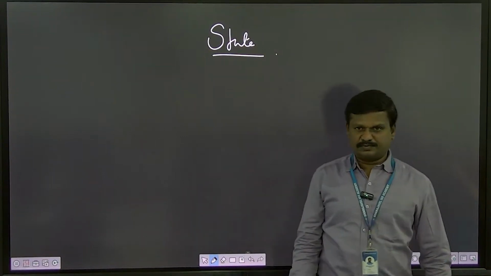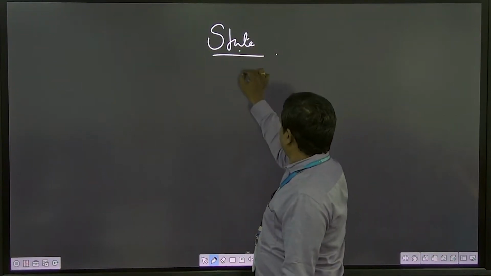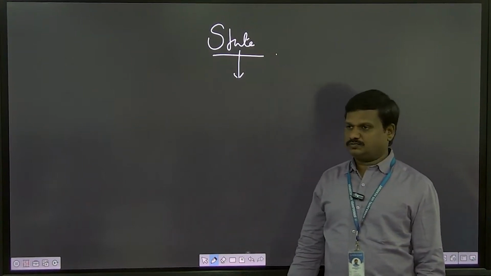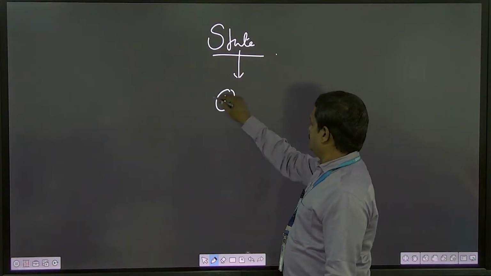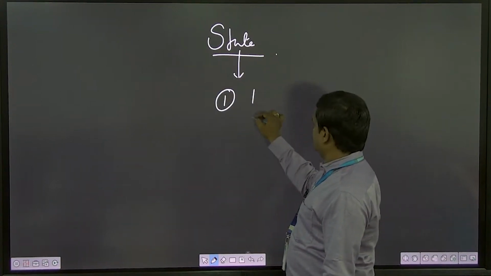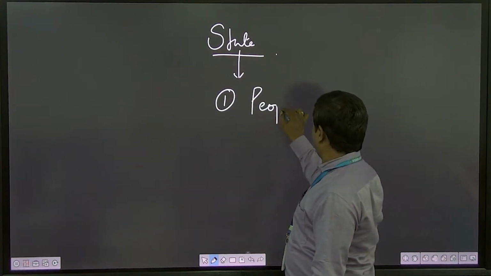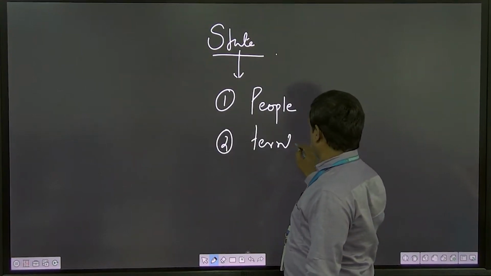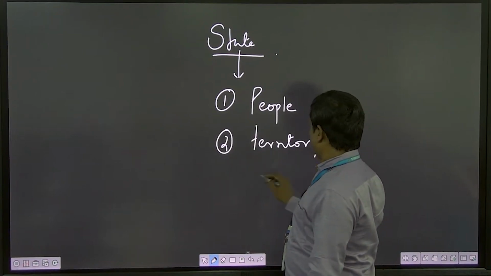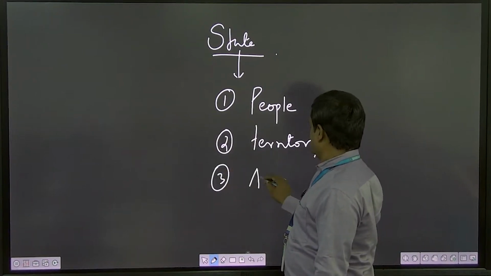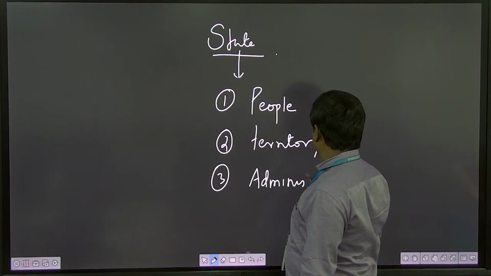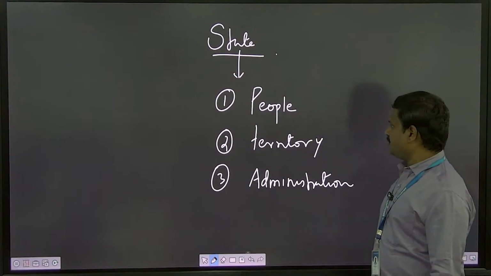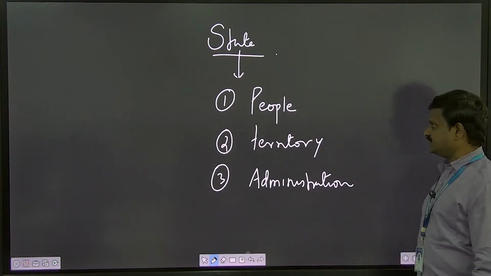Now what is state? State means what? State refers to, number one, people. Number two, territory. Number three, administration. So state refers to population, territory, and administration.